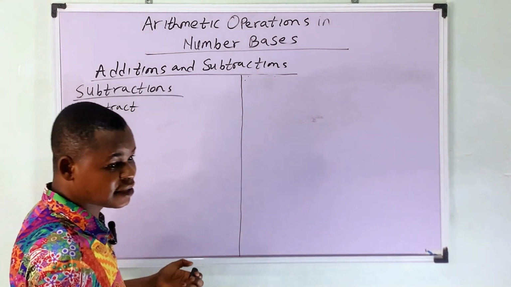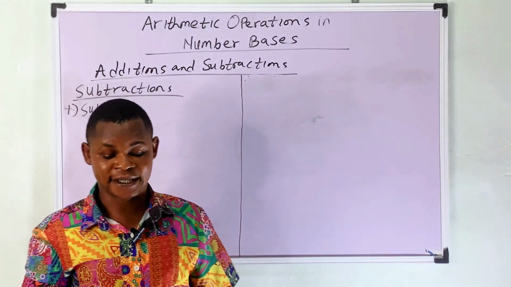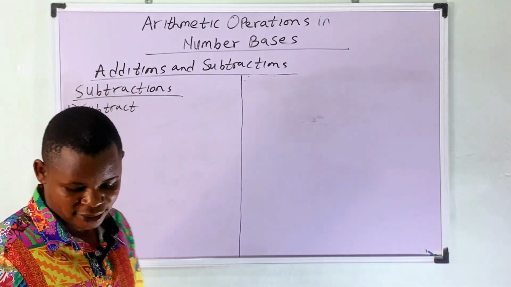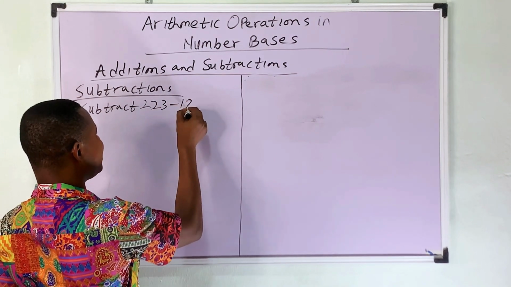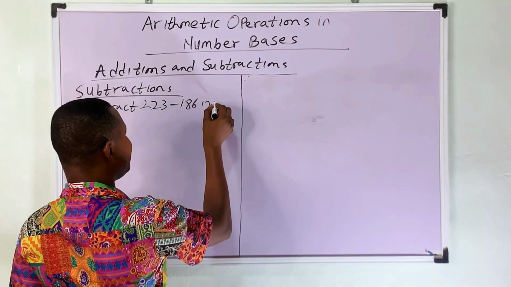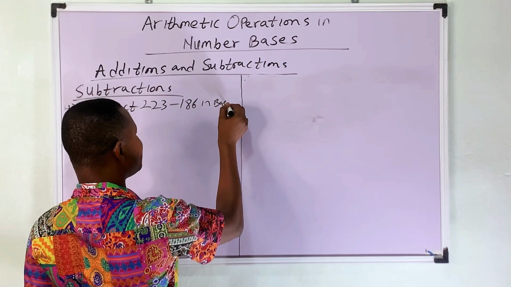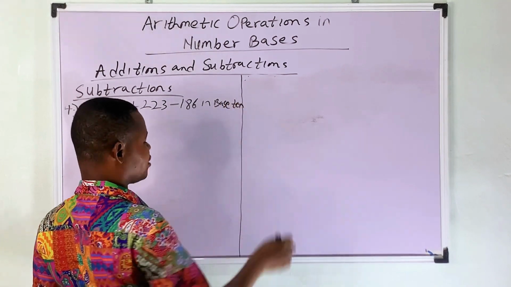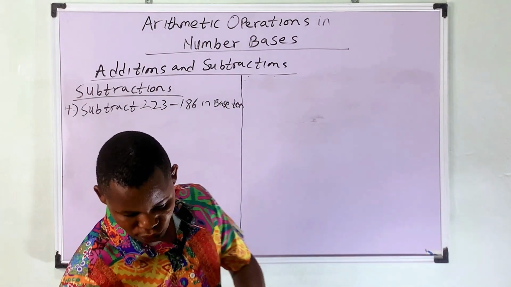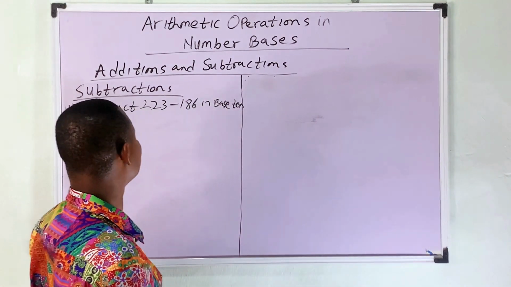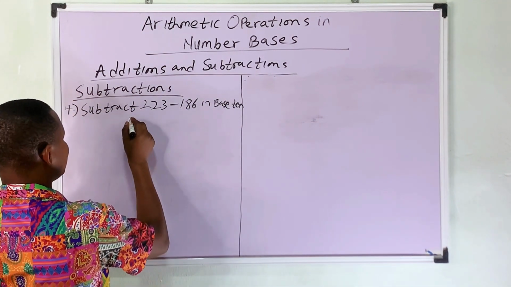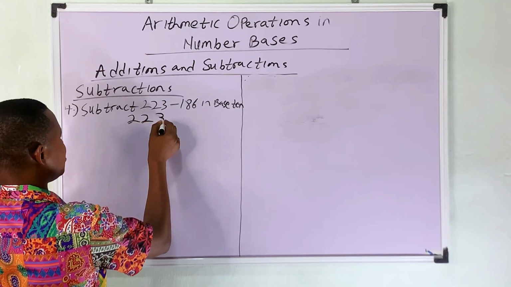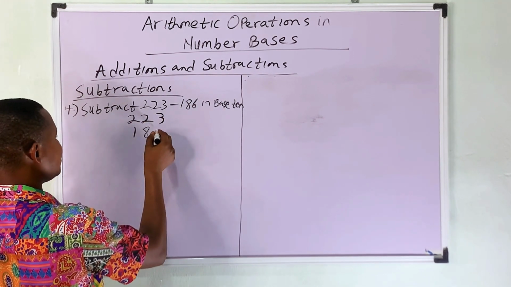Let's firstly deal with the base 10 that we are conversant with. 223 minus 186 in base 10. We're going to subtract 223 minus 186. Let's get it done. That's 223, 186.